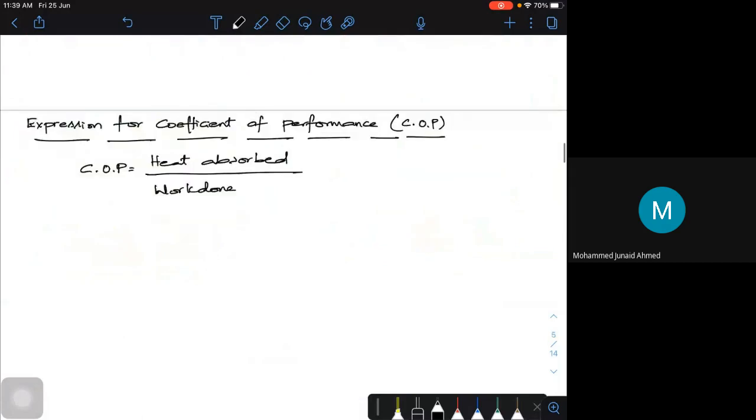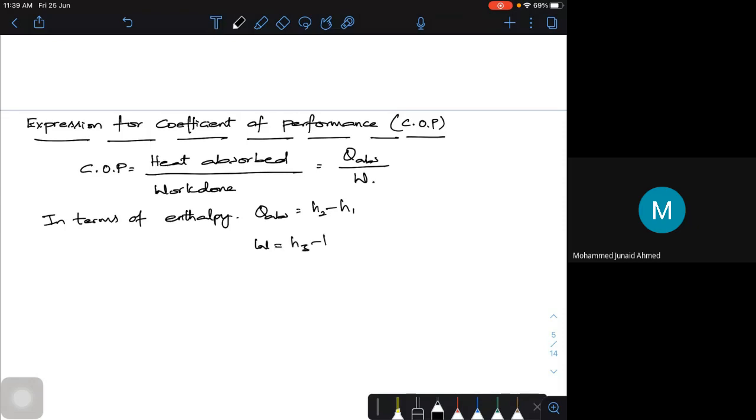So COP is equal to Q absorbed divided by work done W. In terms of enthalpy, heat absorbed is equal to H2 minus H1. Then similarly, work done W is equal to H3 minus H2.